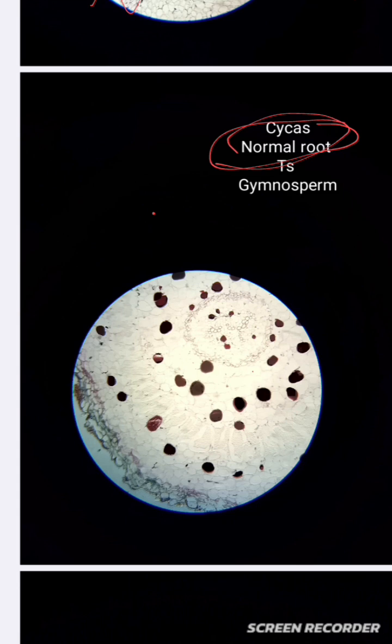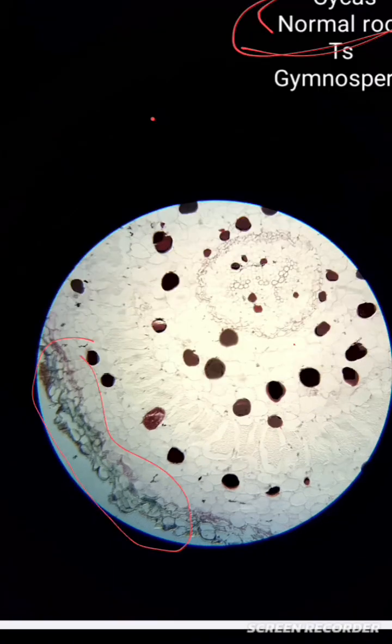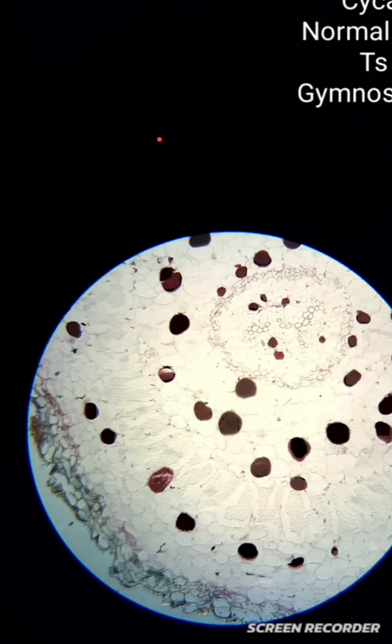The outermost layer is the epiblema. We also call the epiblema epidermis. Epiblema is made up of parenchymatous cells, and after the epiblema, we have the cortex, which is divided into three zones in the case of coralloid root.